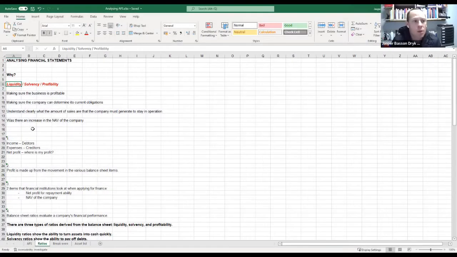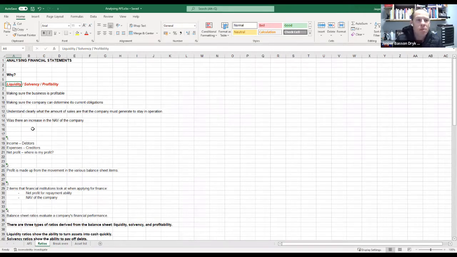So in a moment I will go to the income statement and balance sheet that I've prepared for us to discuss, and I will highlight a few ideas and things I think it's very important for you to understand and note. But first of all, why do I suggest you analyze your financial statements? Like I mentioned, it's not just for the bank manager or any other financial institution to get finance.